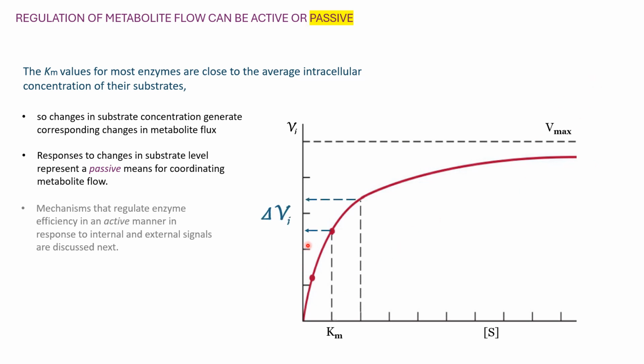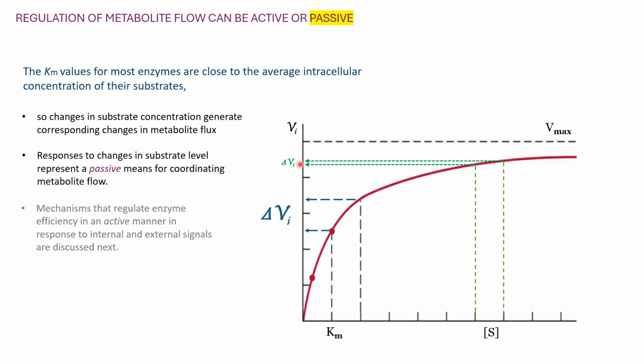So if we look at the case where the substrate concentration is around about the range of the Km value of the enzyme, here it shows the unit change in substrate concentration and how much the reaction rate is increased by that unit change in substrate concentration. If we go further along this curve, however, and we take another unit increase in substrate concentration, we see that the increase in reaction rate is very much smaller.